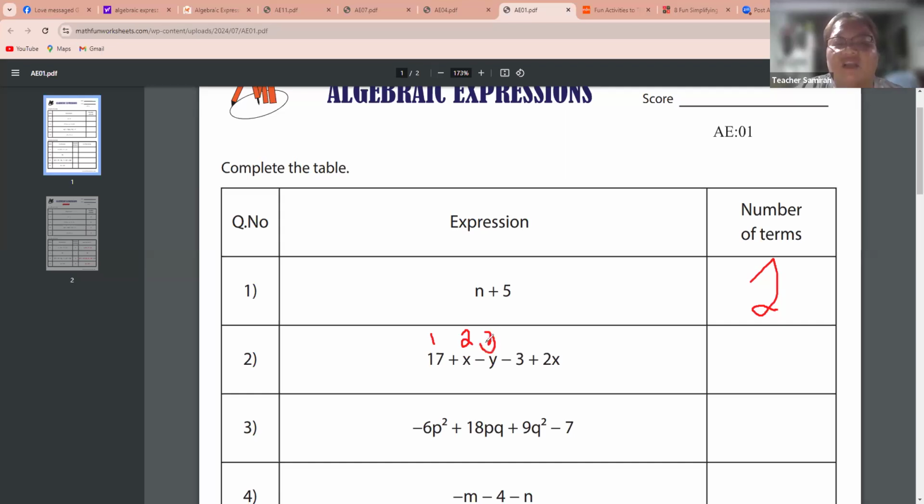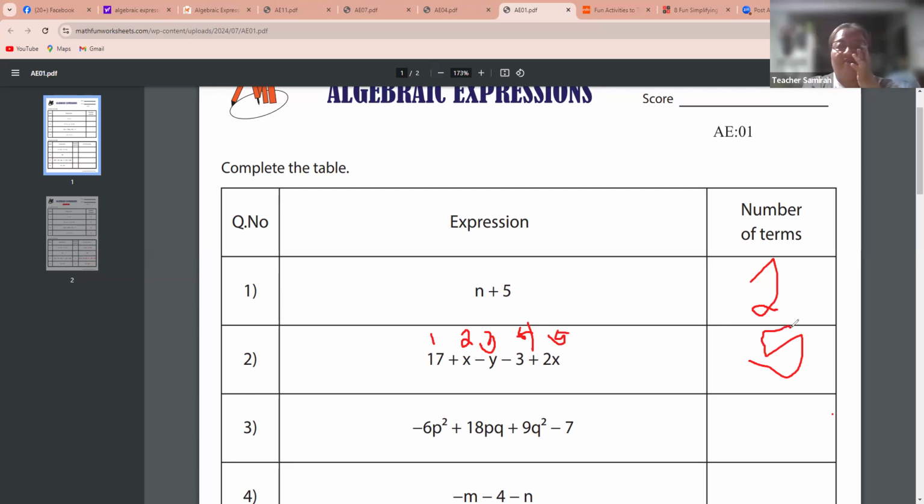And the constant negative 3 is the fourth term. And then the last term is this 2x. So the correct answer would be 5.